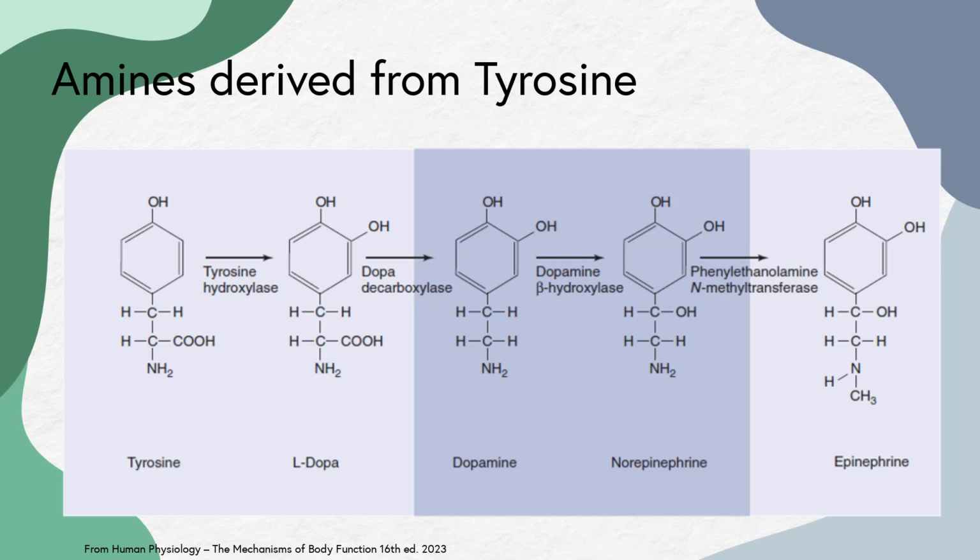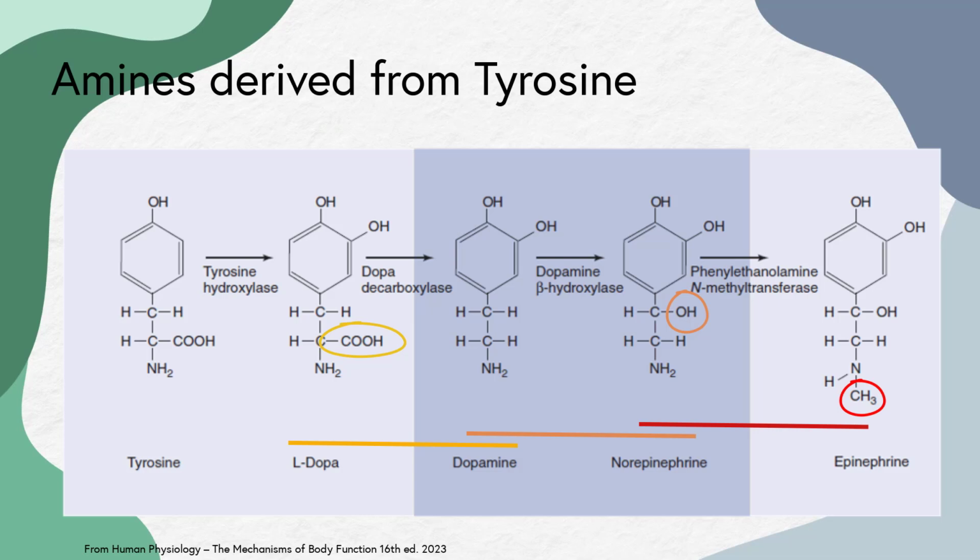And then, especially in the adrenal medulla region, they have another enzyme, a methyltransferase that transfers a methyl group onto the amino group here. Then you will have epinephrine. So norepinephrine and epinephrine differ by one methyl group. The difference between the others is one hydroxyl group, and then one carboxyl group.